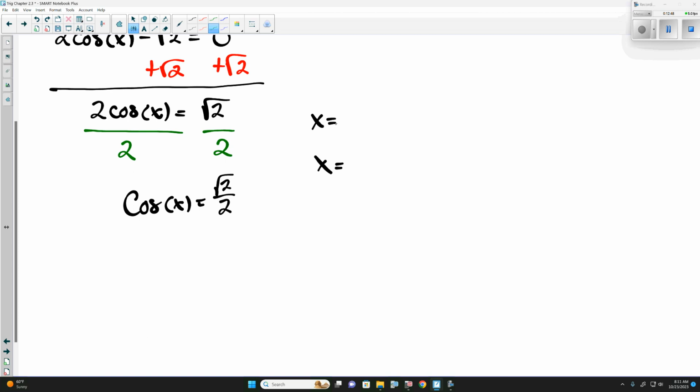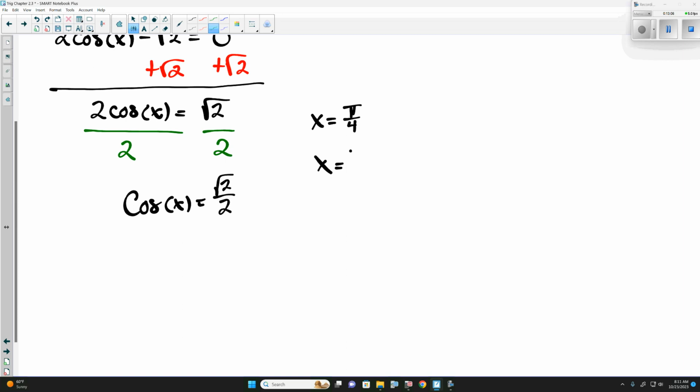And I would be referring back to it, because on the unit circle, it does tell us that cosine does equal the square root of 2 over 2 at pi over 4. At pi over 4, it is positive square root of 2 over 2.